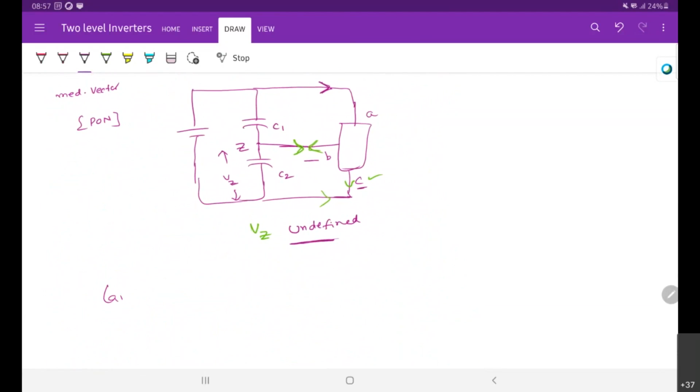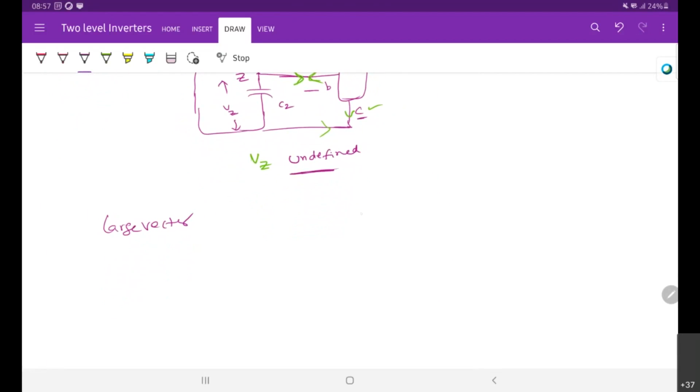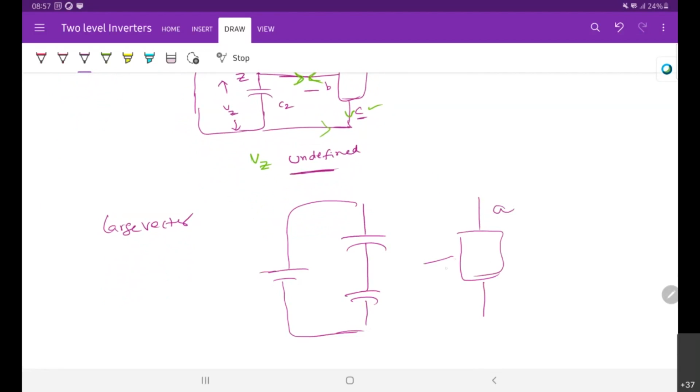So now large vectors. We have this diagram with A, B, C. For one large vector, you may consider P and N. We already discussed that a large vector will not consist of any zero state.